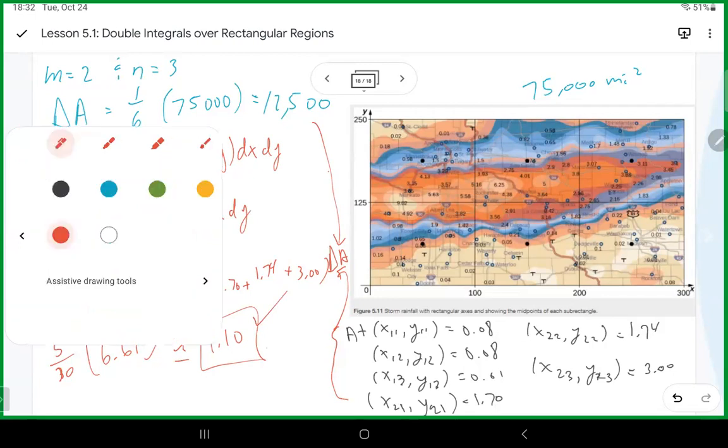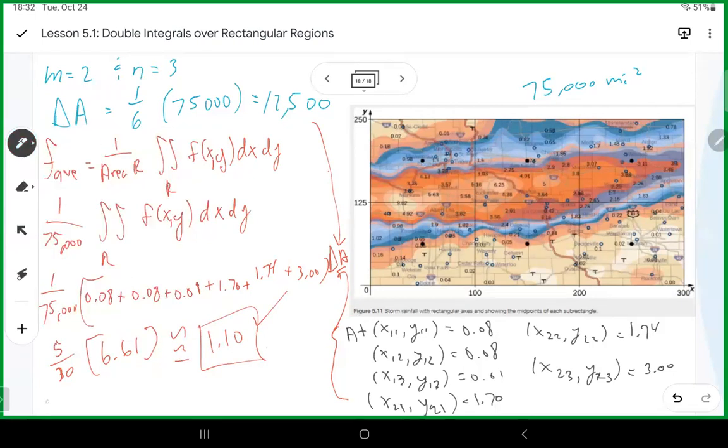So if you were to write it out as a statement, you would say during September 22 to 23, 2010, that date range, this area had an average storm rainfall of approximately 1.10 inches.